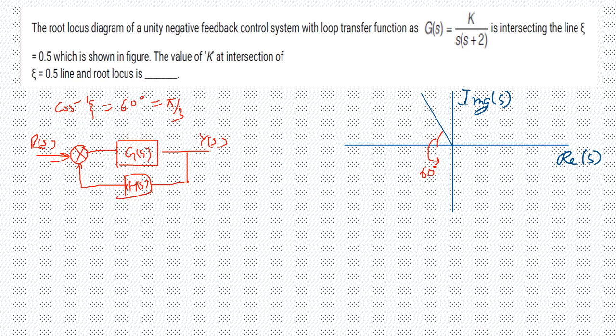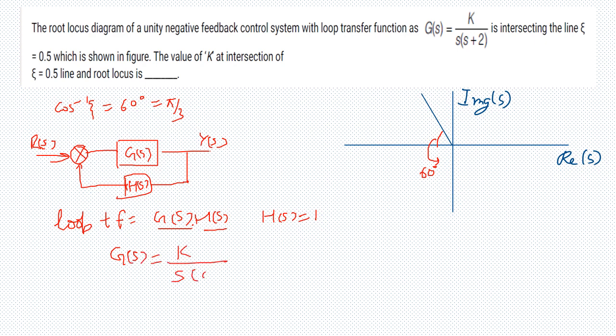Here, loop transfer function means the product of G(s) and H(s). So we are given the product of G(s) and H(s). If it is a unity feedback system, H(s) is equal to 1. So we are given G(s) equal to K over s plus 2. This is a typical second order system.